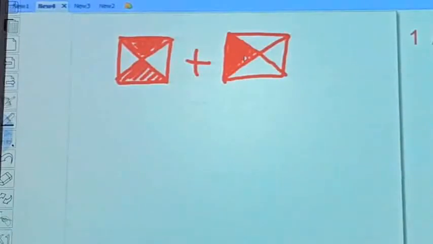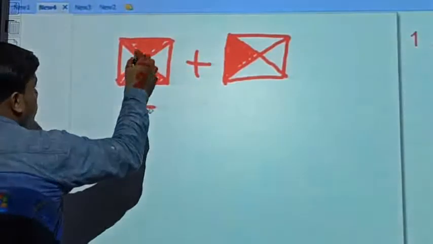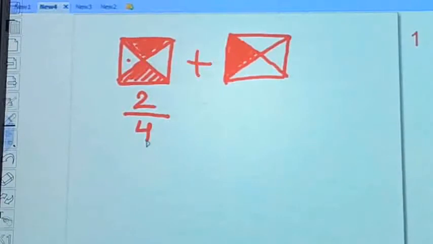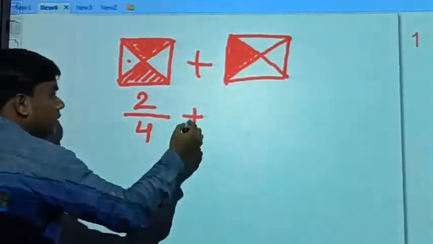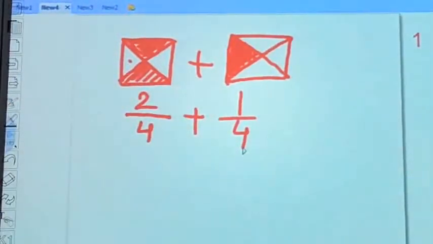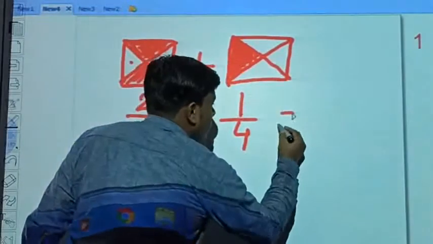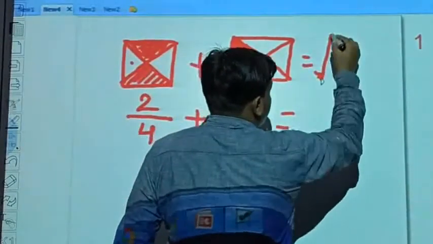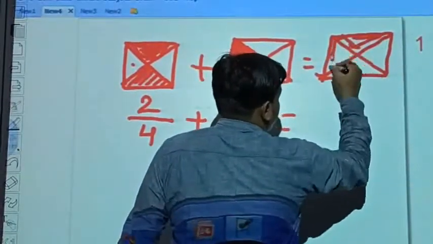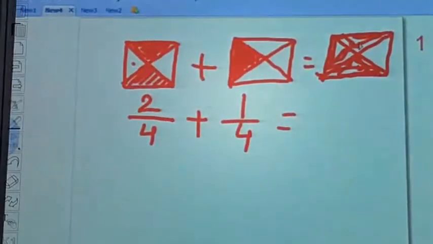Look at the adjoining figure. This is 2/4 plus this is 1/4. So 2/4 plus 1/4 is 3/4, right?